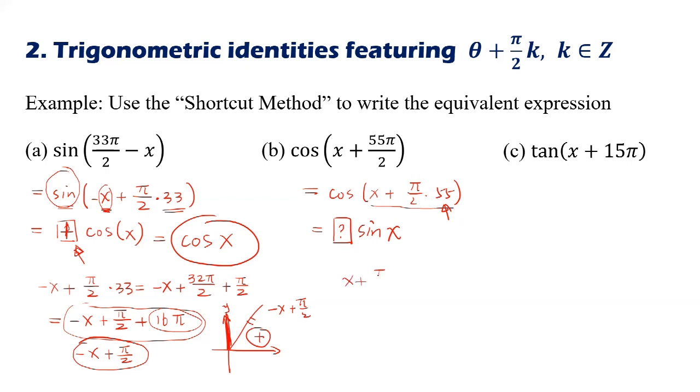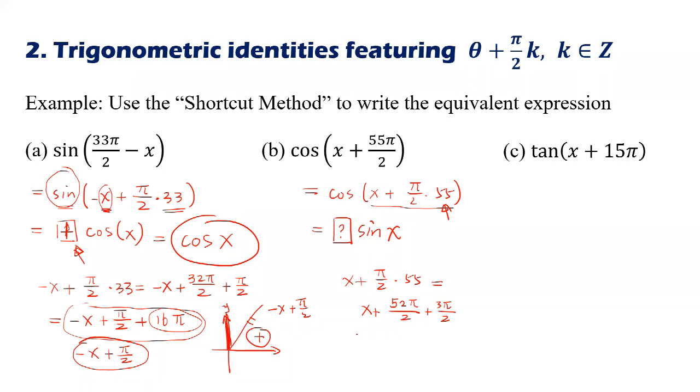So x plus half pi times 55 is actually x plus 52 pi over 2 plus another 3 pi over 2, right?